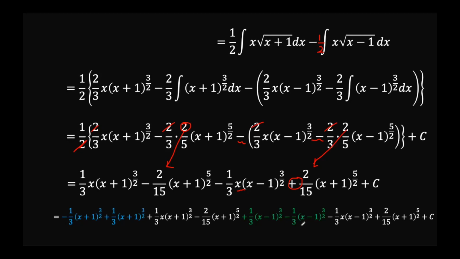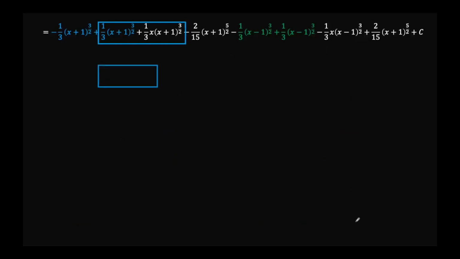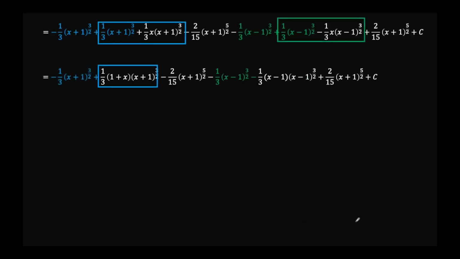The same thing happens here. So we can create a minus a third (x minus 1) here, then plus 1 over 3 (x minus 1) to the 3 over 2. So this would cancel out, but we're going to now have to play around such that this interacts with this one and this one interacts with this one, right? So we're adding those together, and we're adding those together.